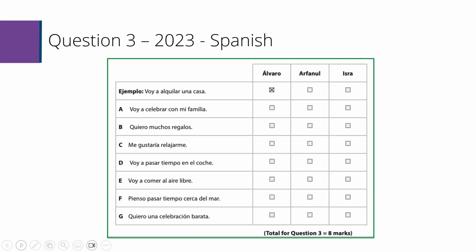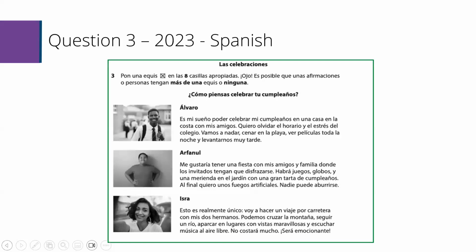So, I am going to rent a house. And who said that? Well, that was Alvaro. Okay. And so they choose in each case one person who said each of those things. Now coming back to the instruction, notice that you are told put a cross in the 8 correct boxes.